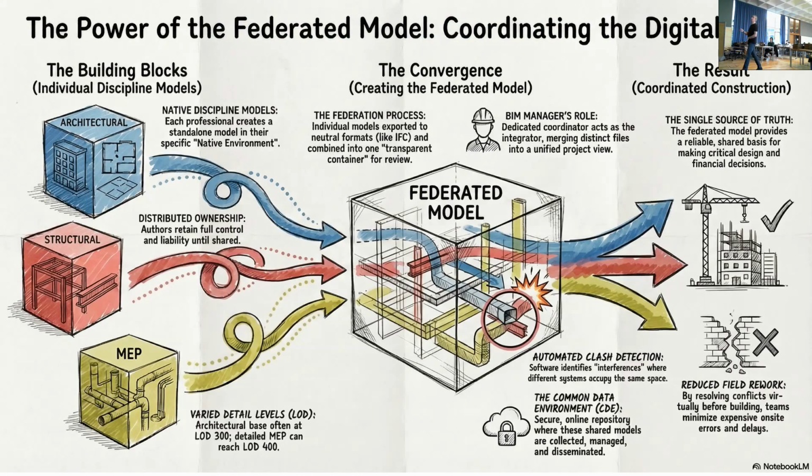Okay, so this is how it works. So we have the architectural discipline, we have the, for instance, structural discipline, we have the mechanical, electrical, plumbing discipline. Okay, and these models come into this space. This is the federated model. So everything comes together, and then we can figure out what is going on, what is wrong.